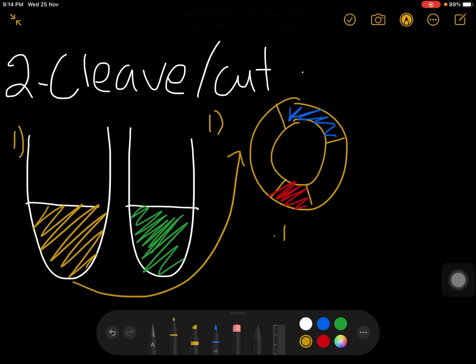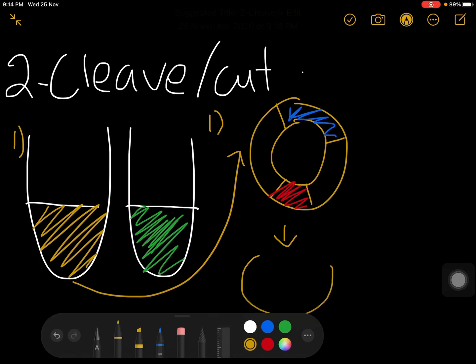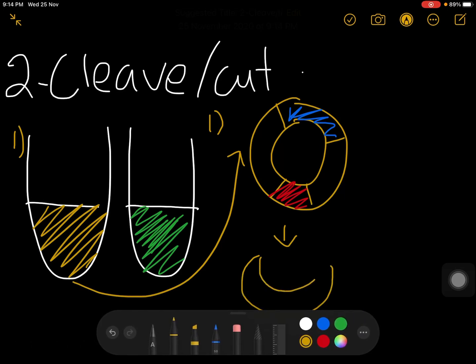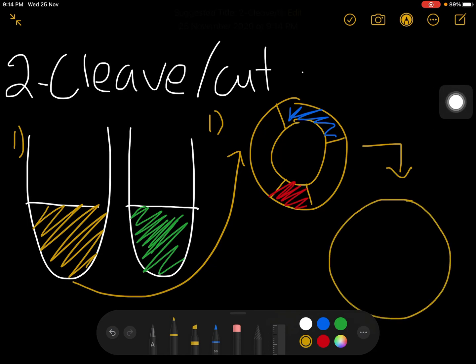It will become like this. This is where it will be cut. Here is an open plasmid. We call it an open plasmid.